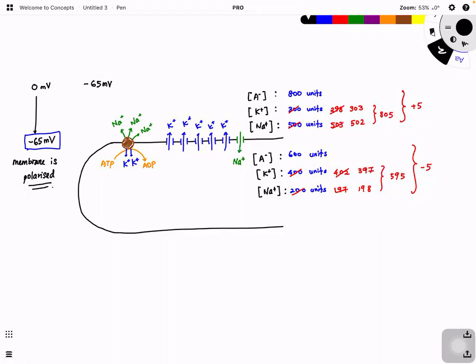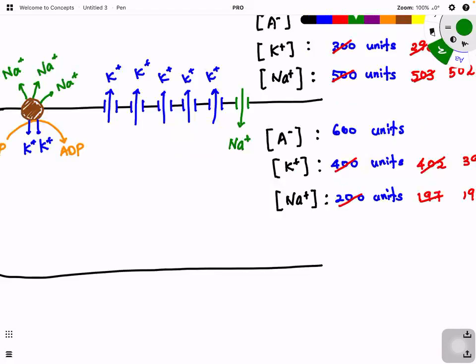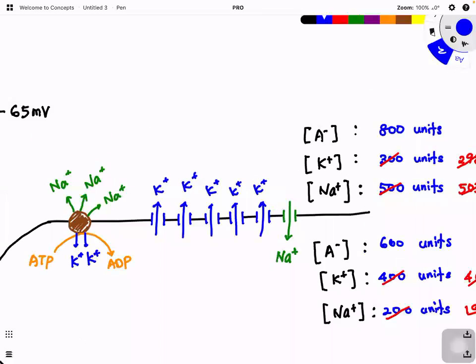So with a high concentration of potassium ions inside the cells compared to outside, more potassium ions will move out of the neurons per unit time compared to the sodium ions that move in by facilitated diffusion.